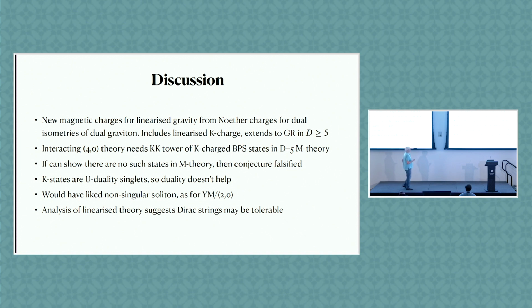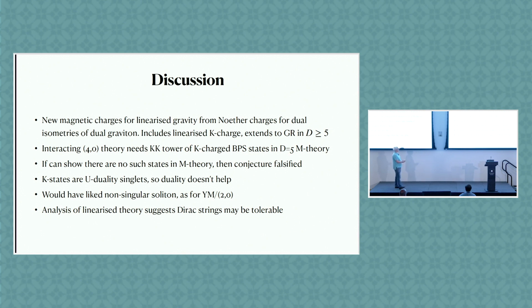And so it's asking an interesting question about what is the BPS spectrum of M theory. Are there any BPS states other than the ones we usually talk about? Are there any that have been missed? If we can show that there are no such states, or there are states but with the wrong spectrum, then my conjecture that there's a 4,0 theory would be ruled out.